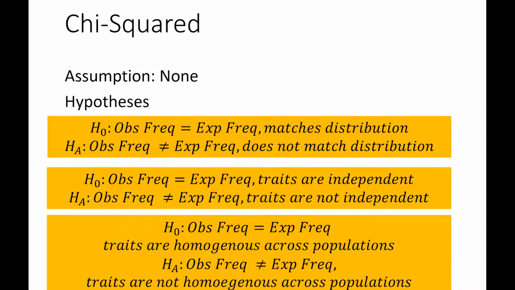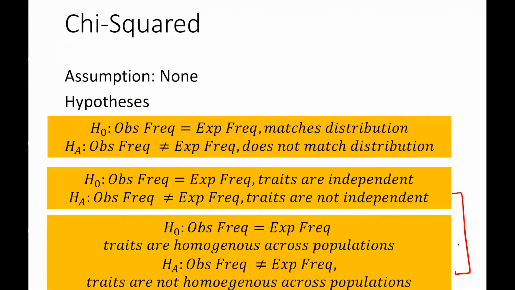For independence, you interpret your null and alternative as your traits are independent for your null, or your traits are not independent for your alternative. For homogeneity, your null is that your traits are homogeneous. Your alternative is that they are not. And remember to be careful because these two can look very, very similar to each other.